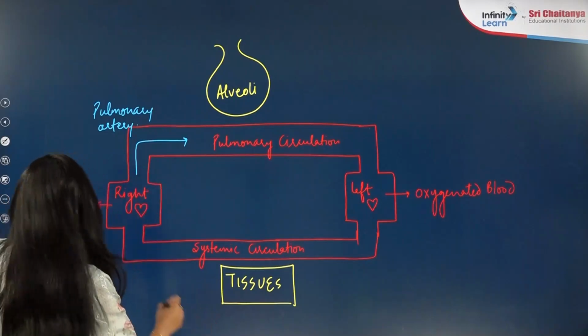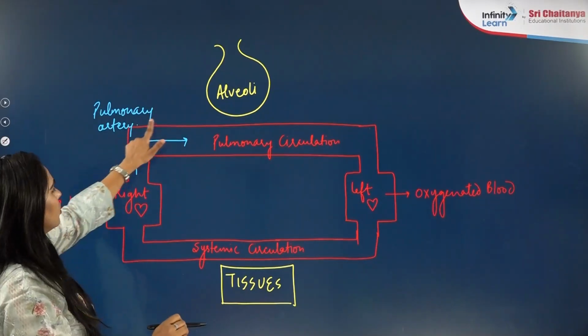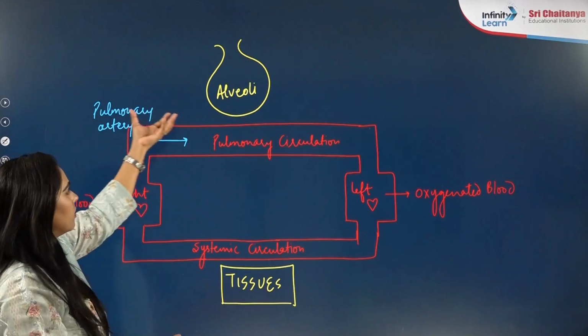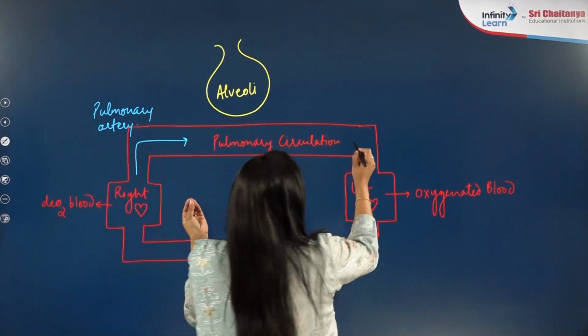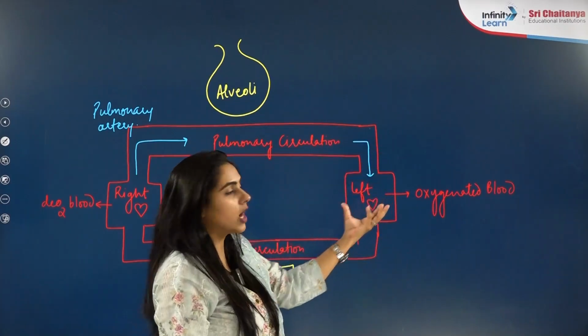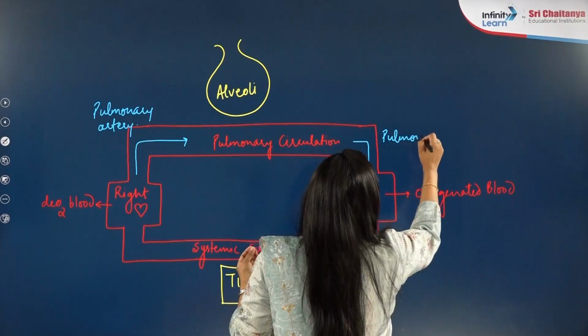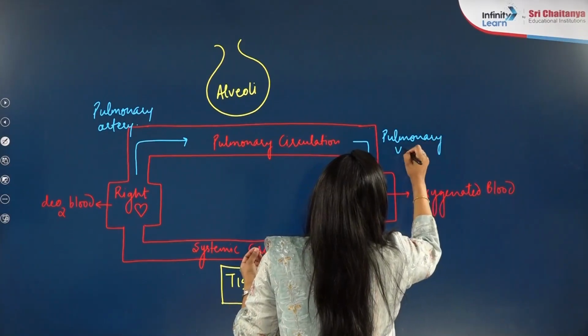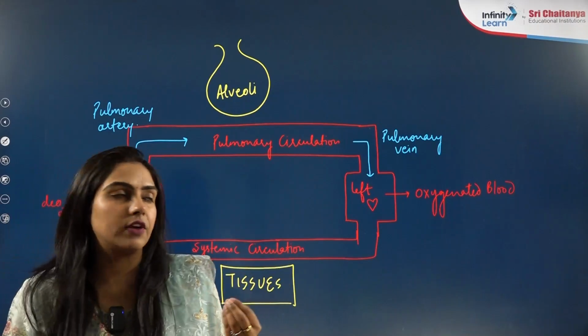So now you understood that with the help of the pulmonary artery, the deoxygenated blood of the heart goes into the lungs, and after taking the oxygen, the blood becomes oxygenated, and that oxygenated blood is received by the left heart, right? How will it be received? By pulmonary veins. Two pairs of pulmonary veins. One pair is coming from the right lung, one pair from the left lung.